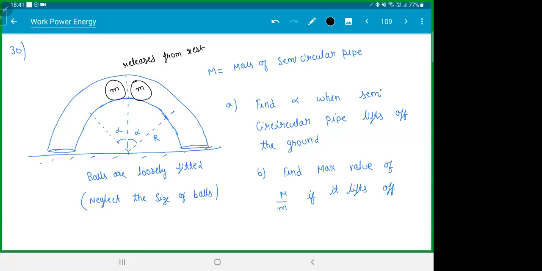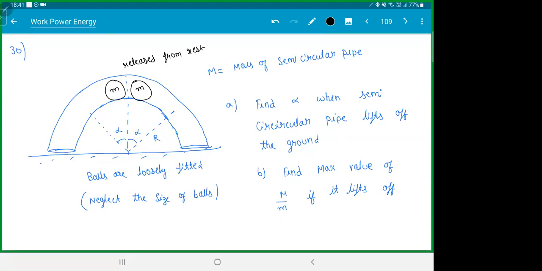For the first part you won't get such a good answer, but yeah. Root m by 2mr.